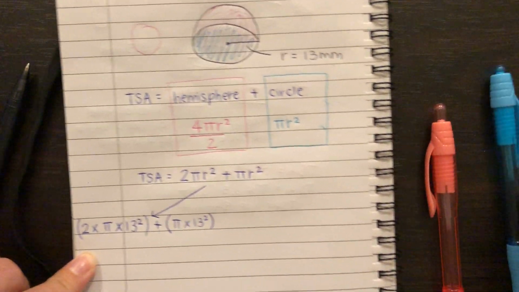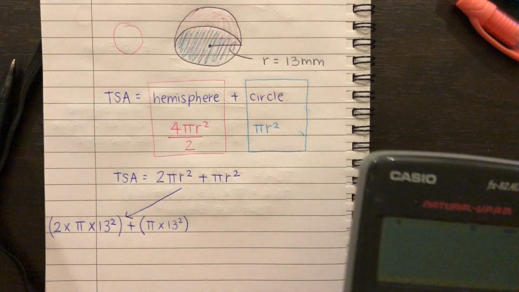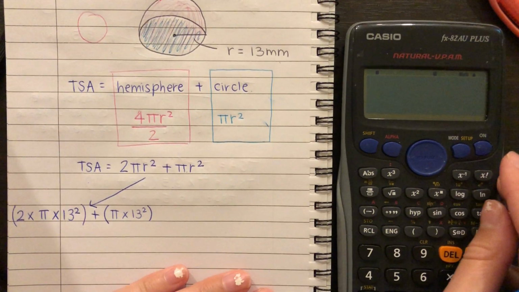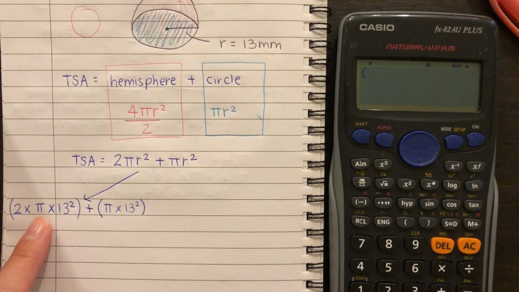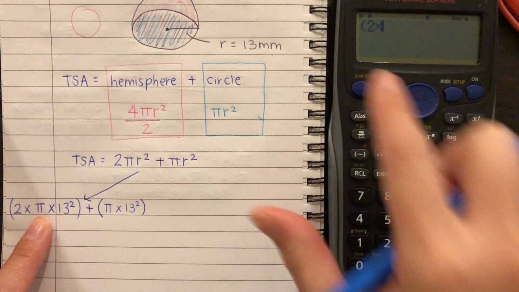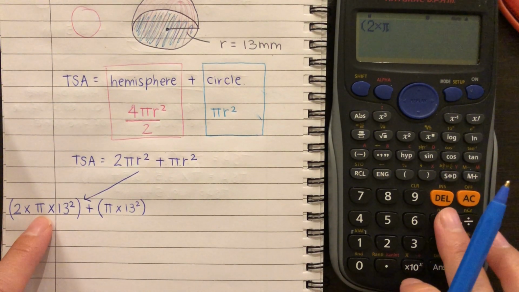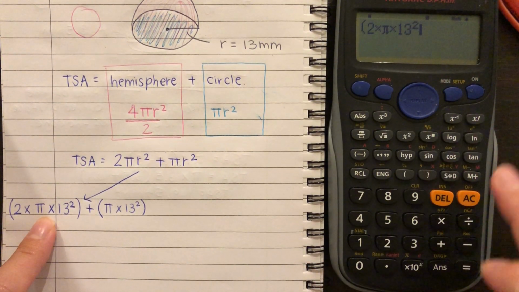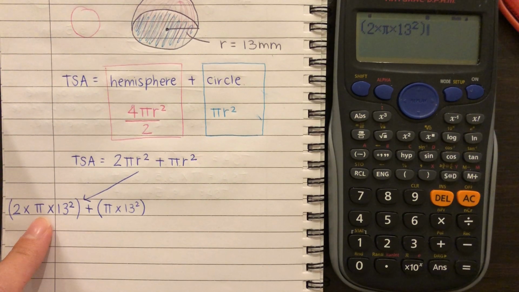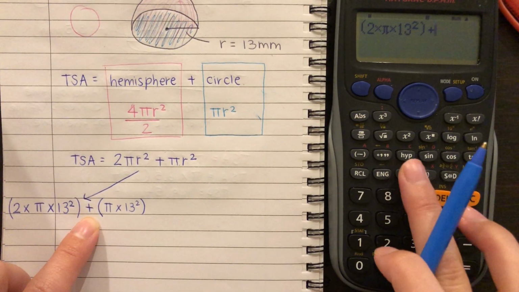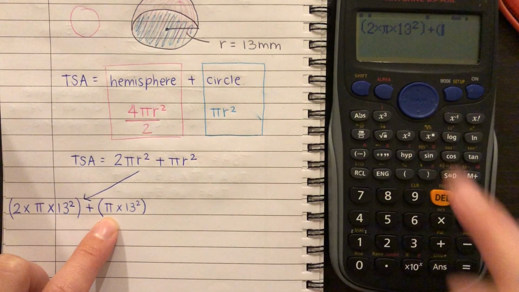Now I can put that into my calculator exactly how I see it. So bracket 2 times the actual pi button times 13 squared, closed bracket, plus pi times 13 squared.